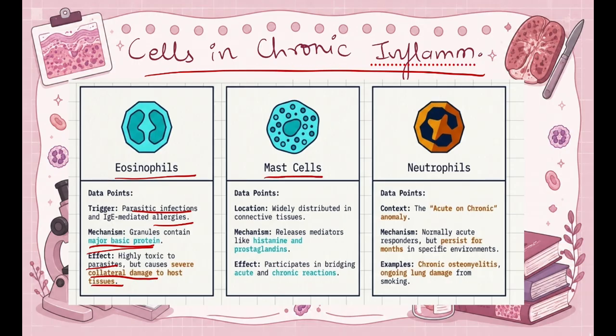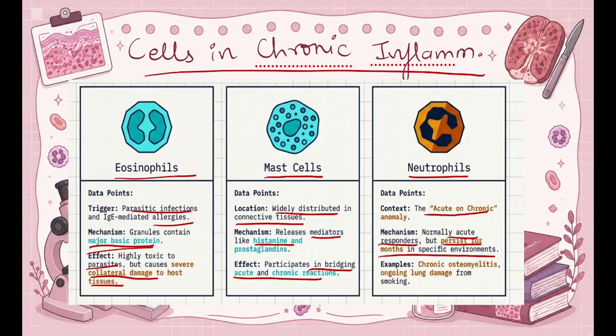Mast cells are widely distributed in our connective tissues. They release mediators like histamine. This bridges the gap between acute and chronic reactions. Finally, we have neutrophils. Normally, these are the very first responders to a brief injury. But in an anomaly, they can persist for months in specific chronic environments. We see this in ongoing lung damage from smoking.